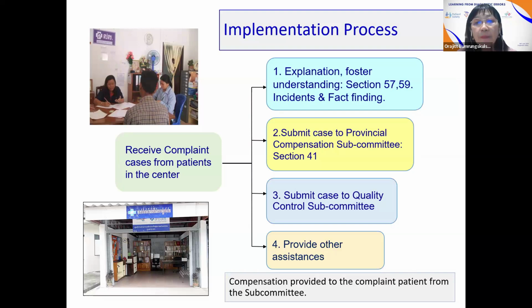People and civil society also sit in this subcommittee, and after that the subcommittee can make a decision. They can grant compensation to the patient and family. If not, the case goes to the Quality and Standard Control Subcommittee at the central office, which will provide assistance or compensation, and that is the final decision.